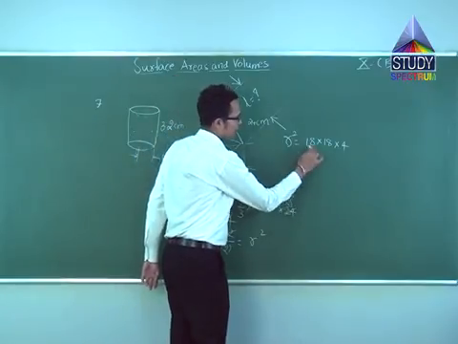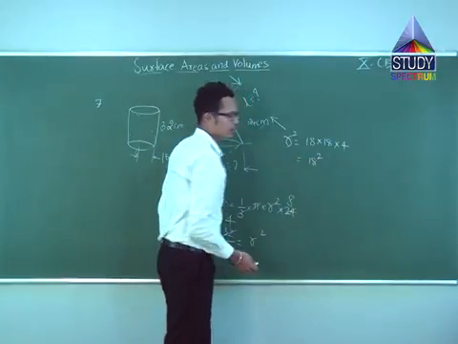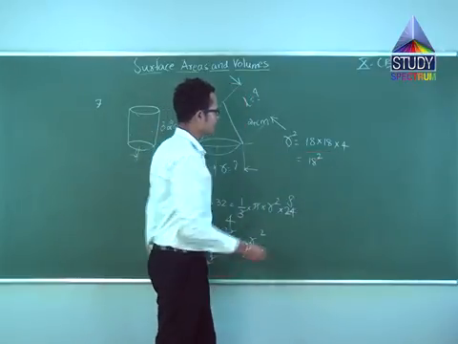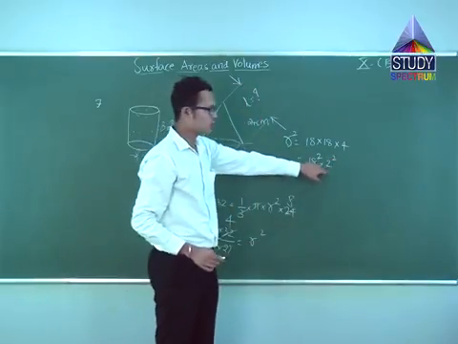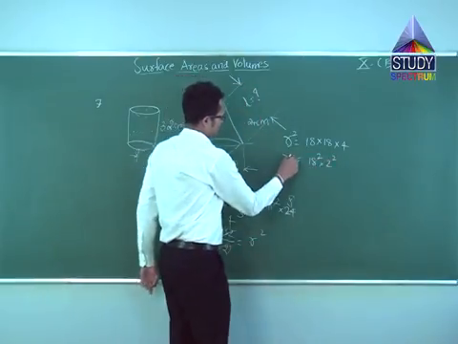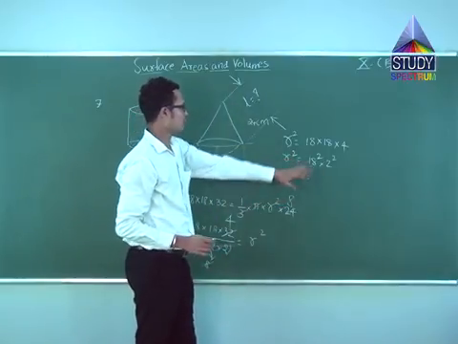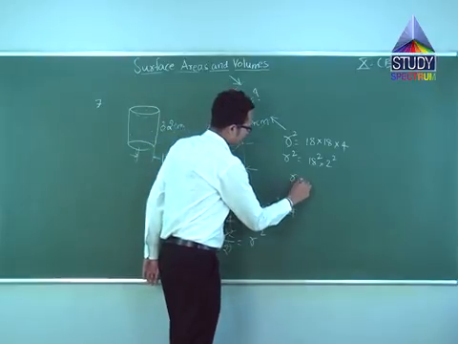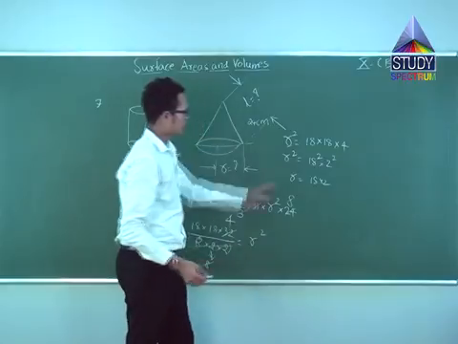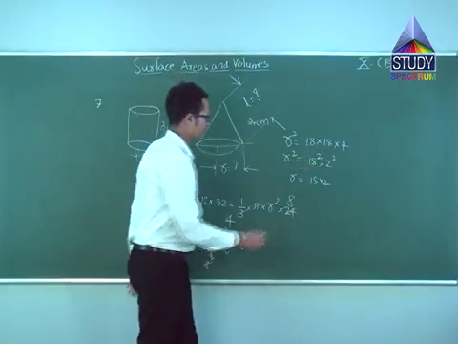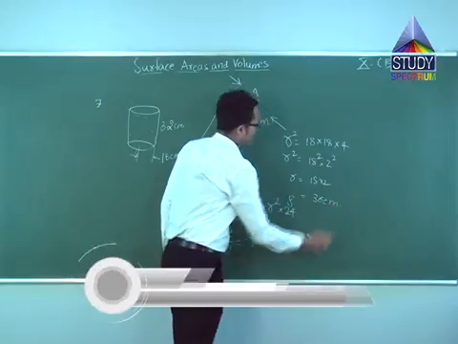I know 18 times 18 can be written as 18 square, and 4 is a perfect square, so write it as 2 square. Now take the square root on both sides. So r is equal to 18 into 2, which is 36 centimeters.